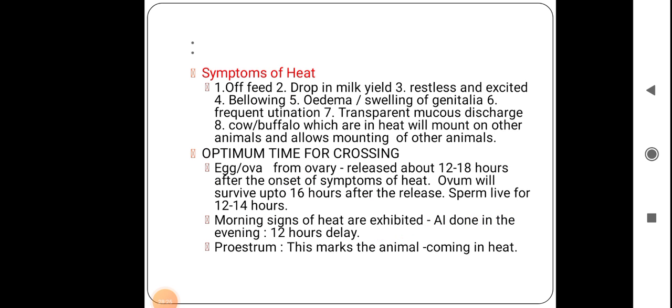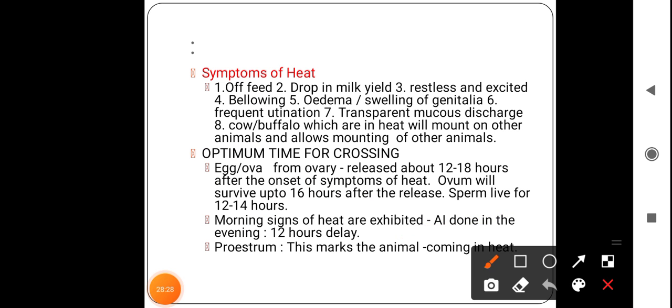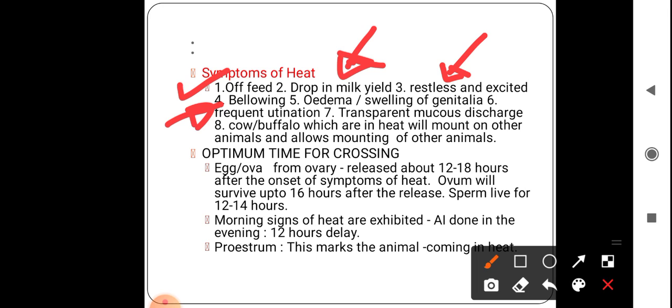The symptoms of heat are: off feed, the animal will not eat food; a drop in milk yield if it is a lactating animal; restlessness and excitement; bellowing; swelling of the genital area; frequent urination; and transparent mucus discharge from the genital part.